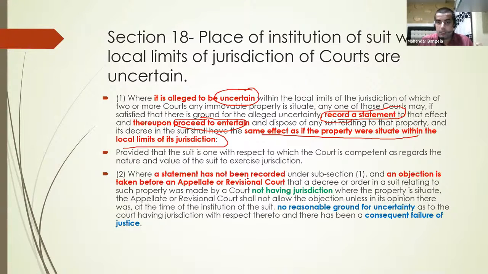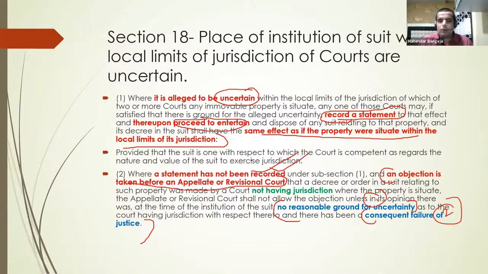Now what if the court does not record the statement? तो क्या adverse effect होगा? तो adverse effect ये होगा कि you can raise an objection before the appellate or revisional court. And you will have to prove that there are no reasonable grounds of uncertainty and there is consequent failure of justice. ये दोनों प्रूफ करने के बाद ही आप डिक्री सेट असाइड कर सकते हो, ऐसे नहीं.